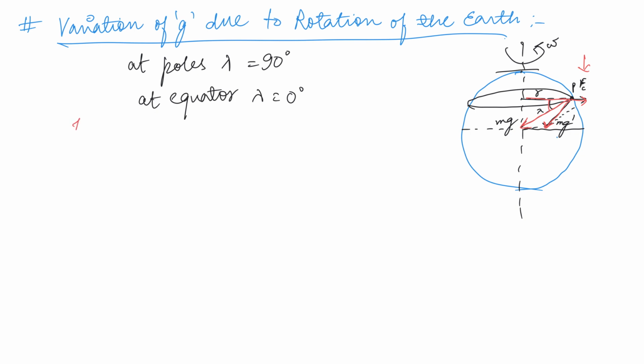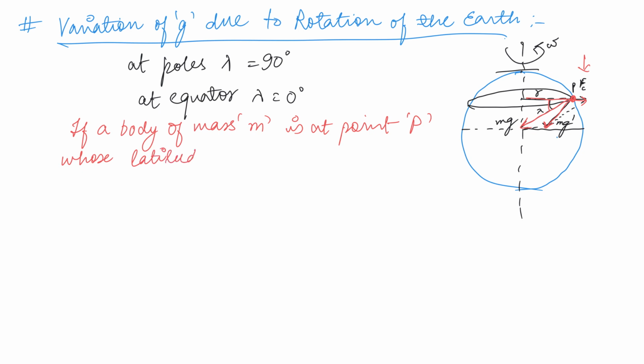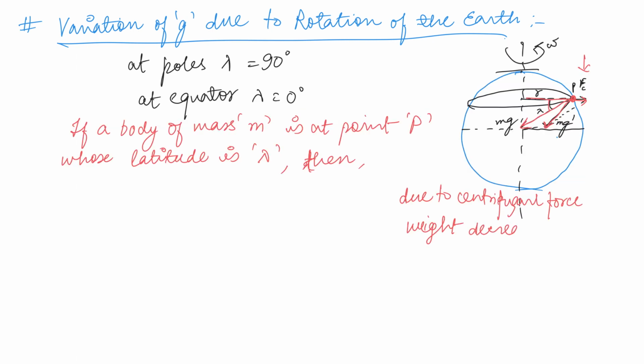Now, if a body of mass m is at point P, whose latitude is lambda, then we discussed that due to centrifugal force, the actual weight of the body decreases, therefore the apparent weight will be less than the actual weight.